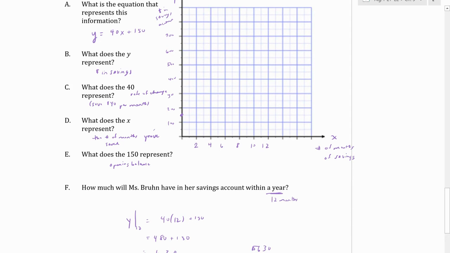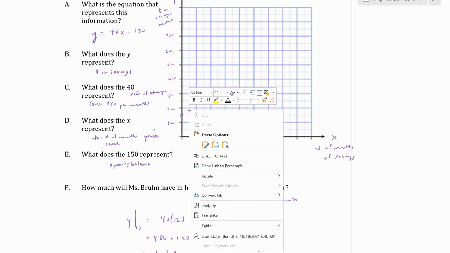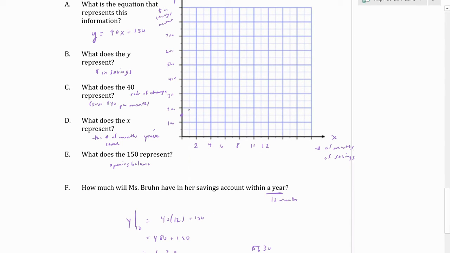But let's see. So if you rise 40 and run 1, somewhere around in there. We said 12 months, you're at 630. So about right there.